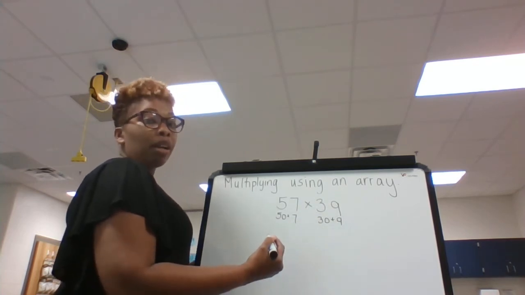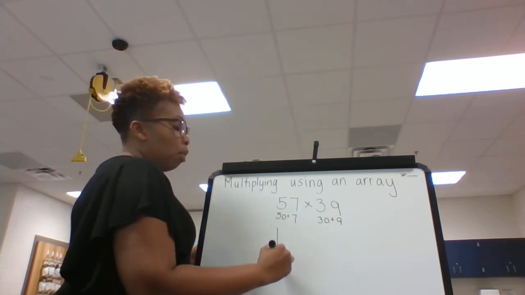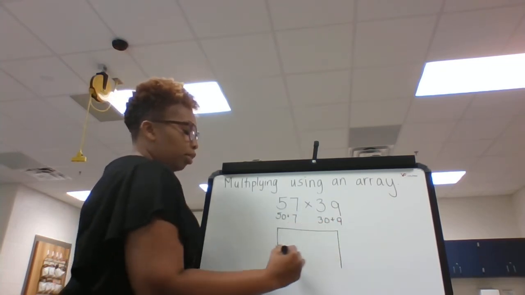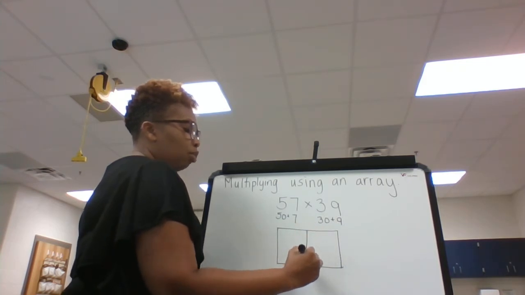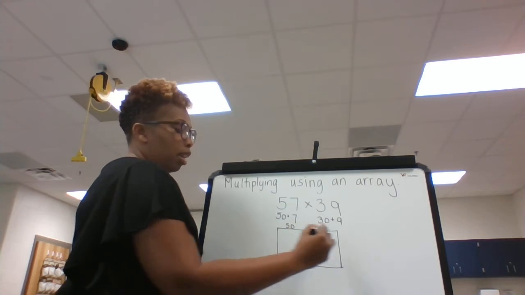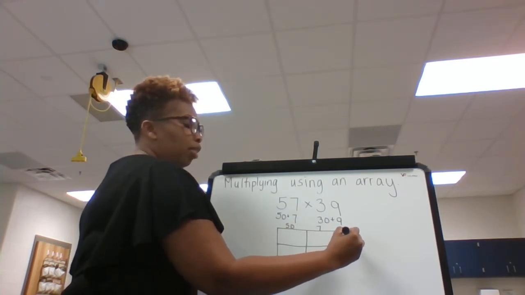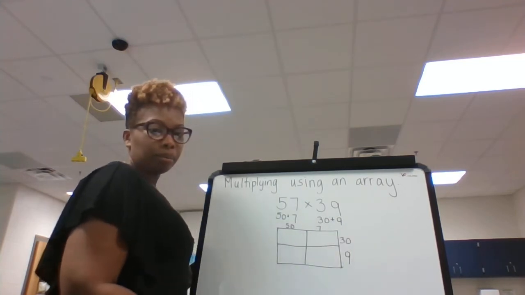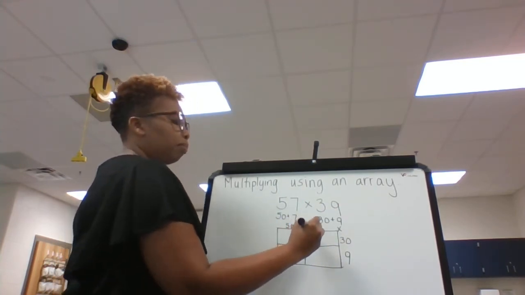When I create my array, I want to make sure that I have space to multiply all of my numbers. So I make sure that I can do 57, and then I make sure that I can also multiply it by 39. And then I put my multiplication sign in the corner.